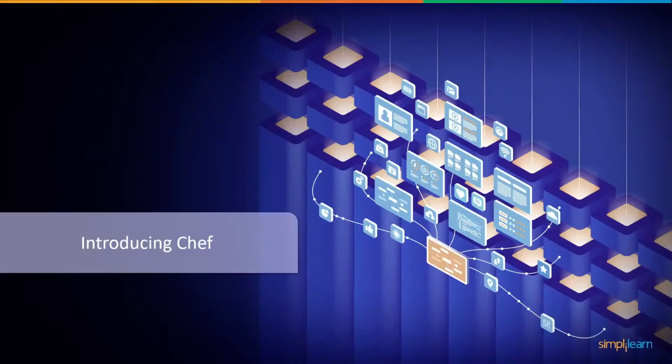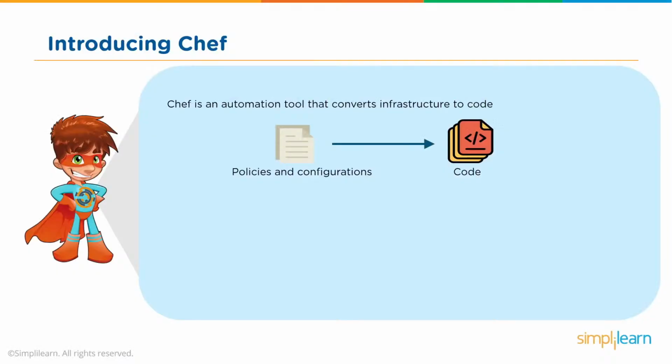So let's go through the mechanics of how this actually works with Chef. Chef is ultimately an automation tool that converts infrastructure to code. And you'll often hear the term infrastructure as code, or IAC. And this really starts as an output of the work that Chef has done. Because you take the policies that you as an organization have created and you convert that into a scripted language that can then be implemented automatically.